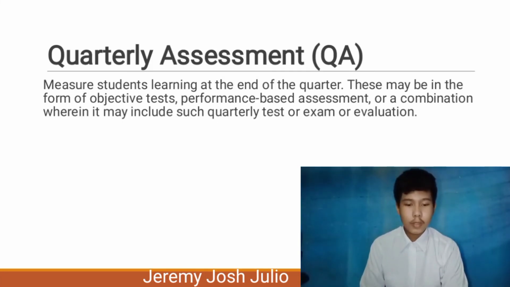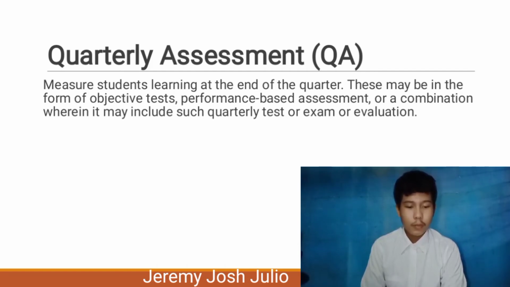Quarterly assessment measures student learning at the end of the quarter. This may be in the form of objective tests, performance-based assessment, or a combination, wherein it may include such quarterly tests, exams, or evaluations. For example, the unit test is a test method for students.